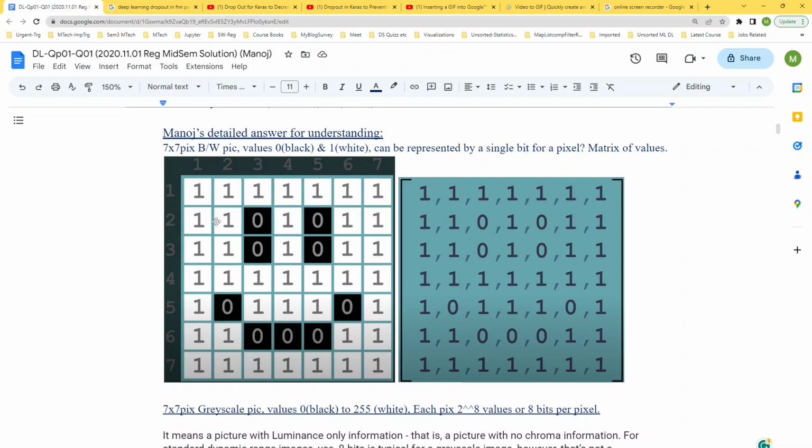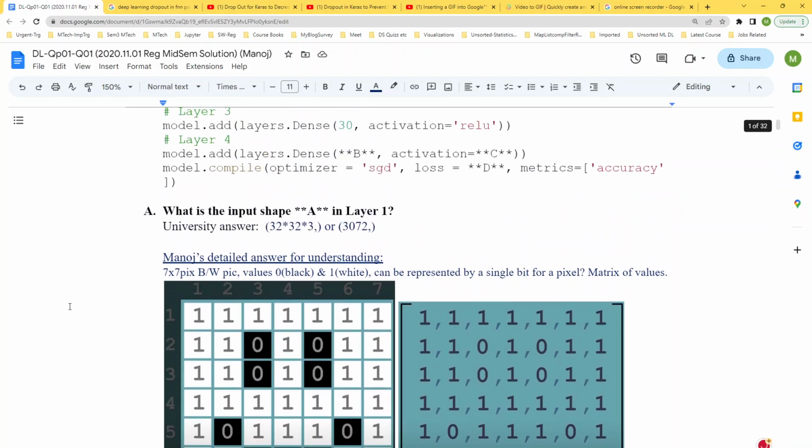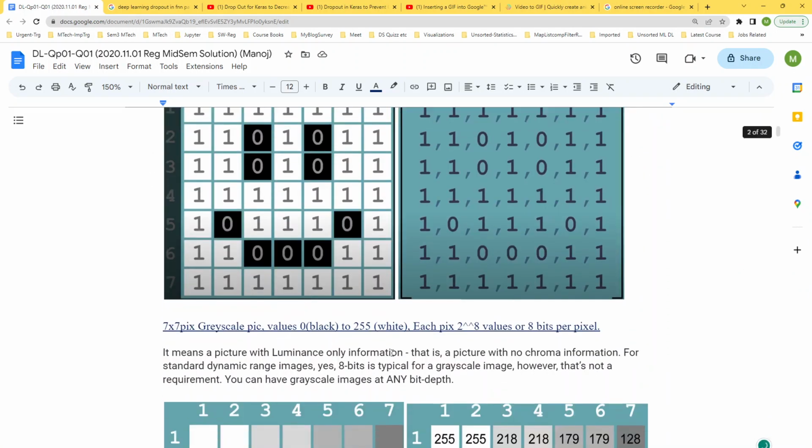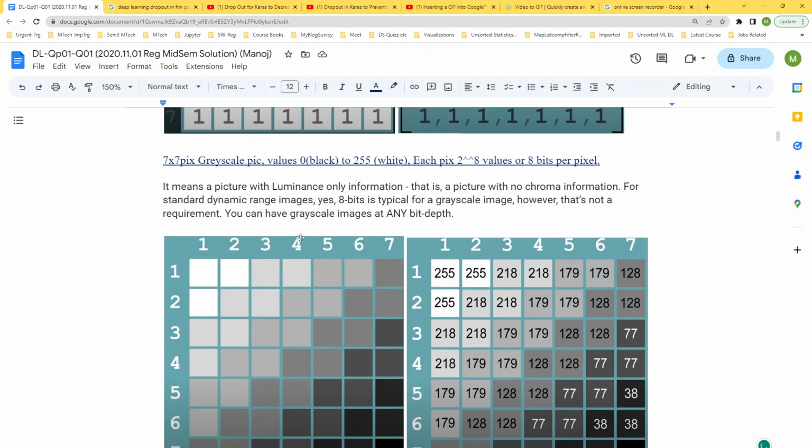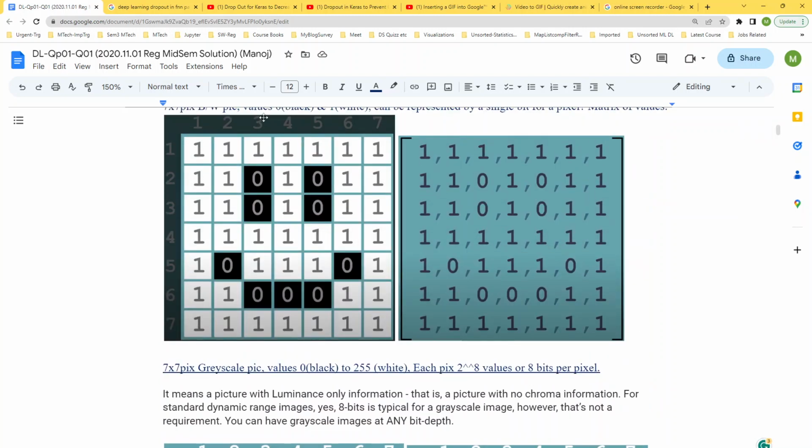Is there no equal split for 32 by 32, like 6 cross 4? They have given 32, so it is not 6 cross 4. 32 means 32 rows and 32 columns. This 3 we will come to once we learn RGB. Now, this is for our study purpose.